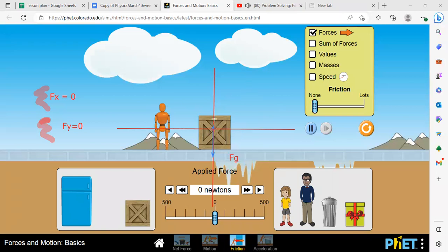So, nag-apply ka ng force pabalik. So, this is your normal force. Or sometimes is nasulat as N. Okay.